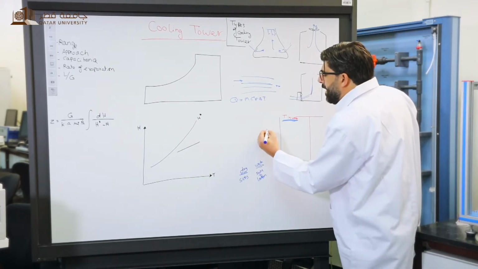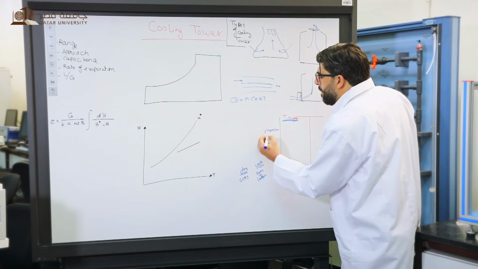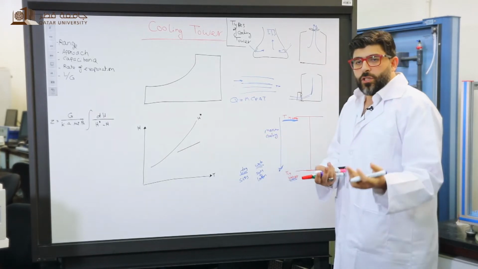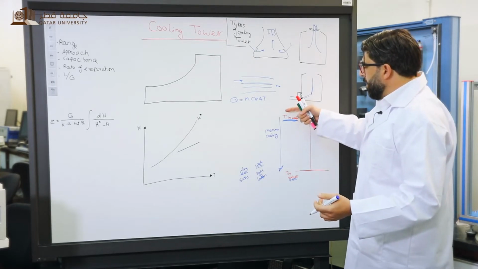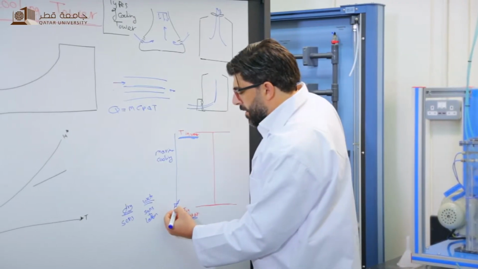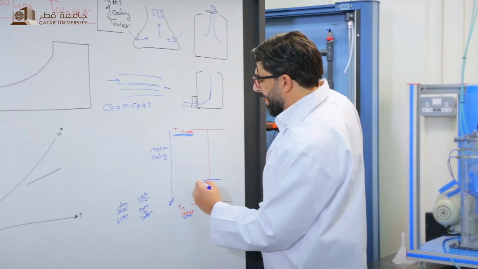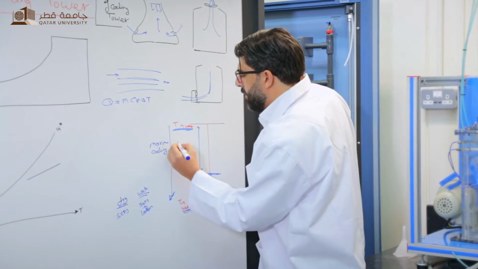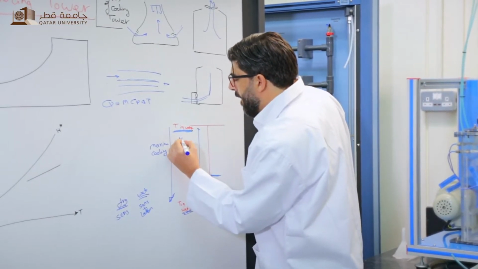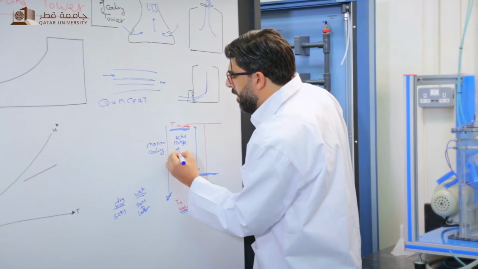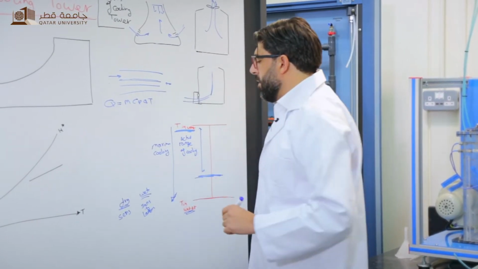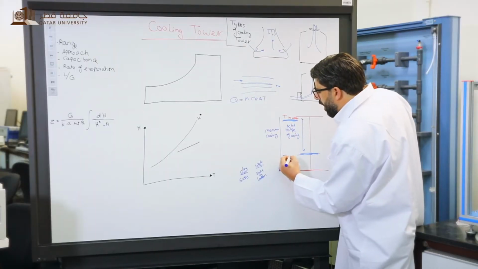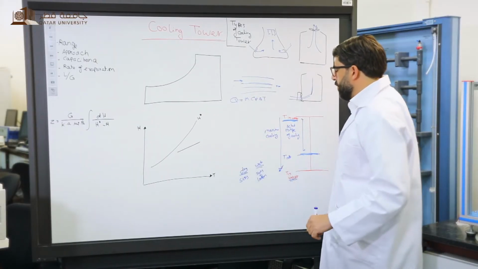So we can say this is the maximum cooling. But actually, due to heat rejection, the water temperature can't reach this temperature, but gets close to it. So this is the actual range of cooling, and this is the temperature of the outlet water.